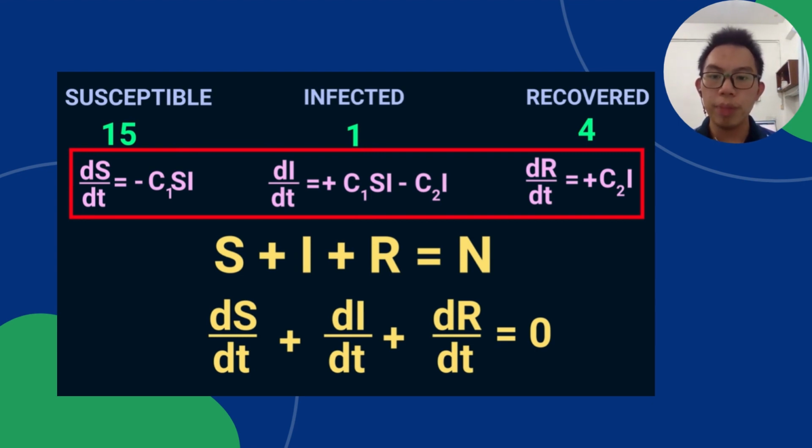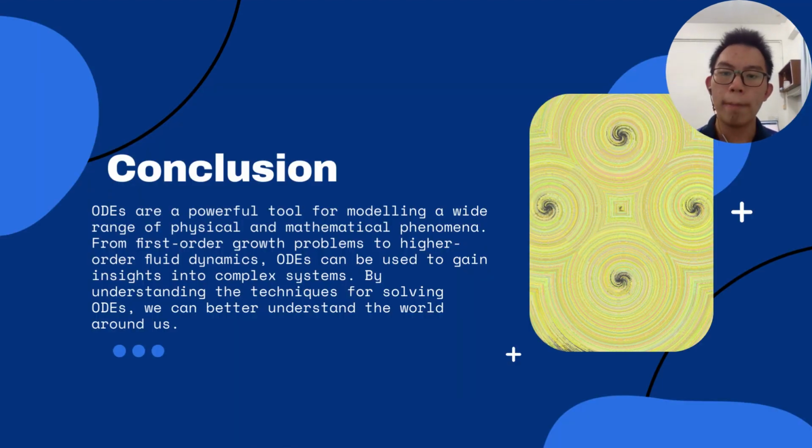You can see that the susceptible rate plus the infected rate plus the recovered rate equals 0, and their differential equations are shown above. These are all the applications in life for ODEs, and they are very useful for us to prevent future disasters from happening.